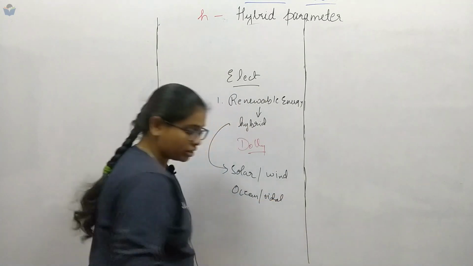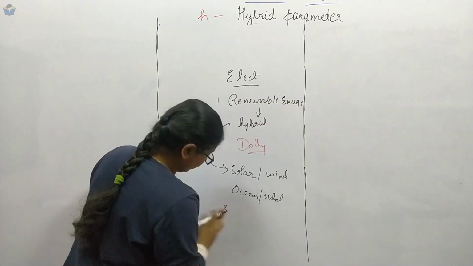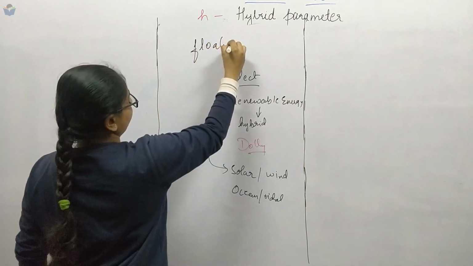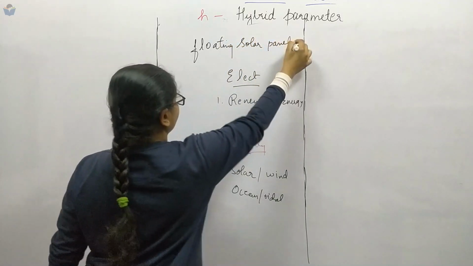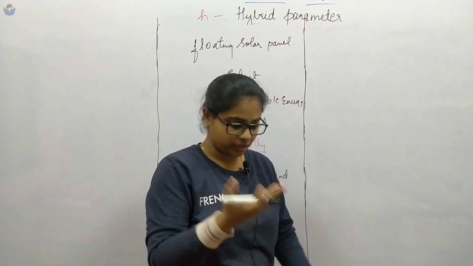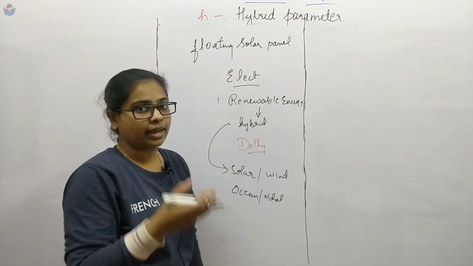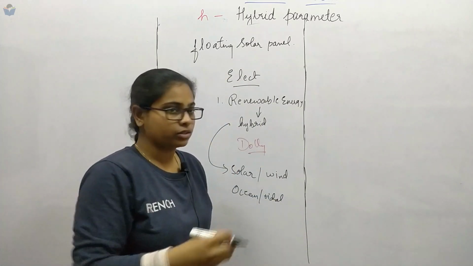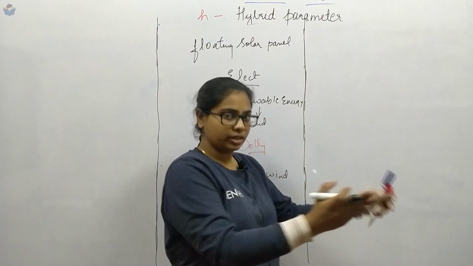and now there is a new technology that you can call floating solar panel. This floating solar panel is nothing but solar panels placed on the sea water, or the ocean water, on the surface, and they are hinged to the ocean bed. It is not so deep, not so far away from the shore, just around 2 kilometers away from the shore.